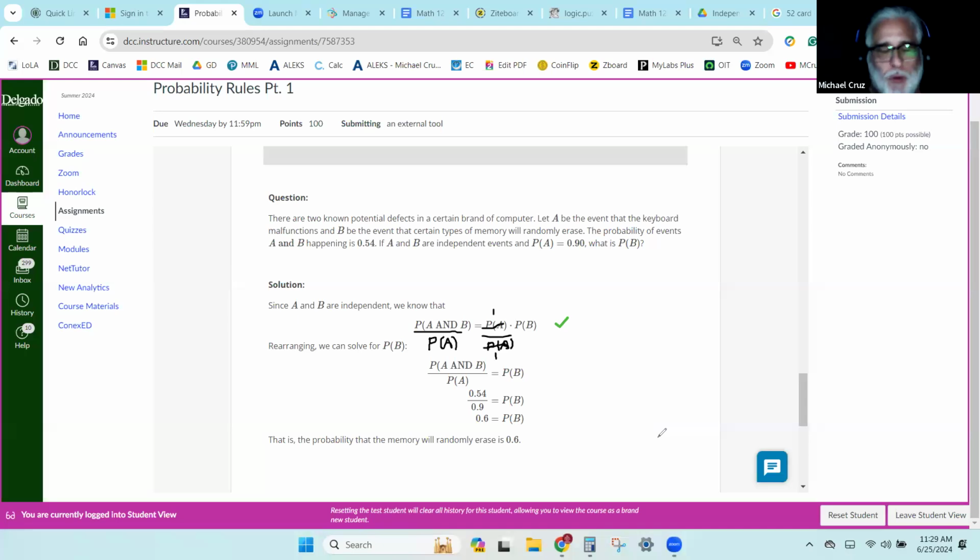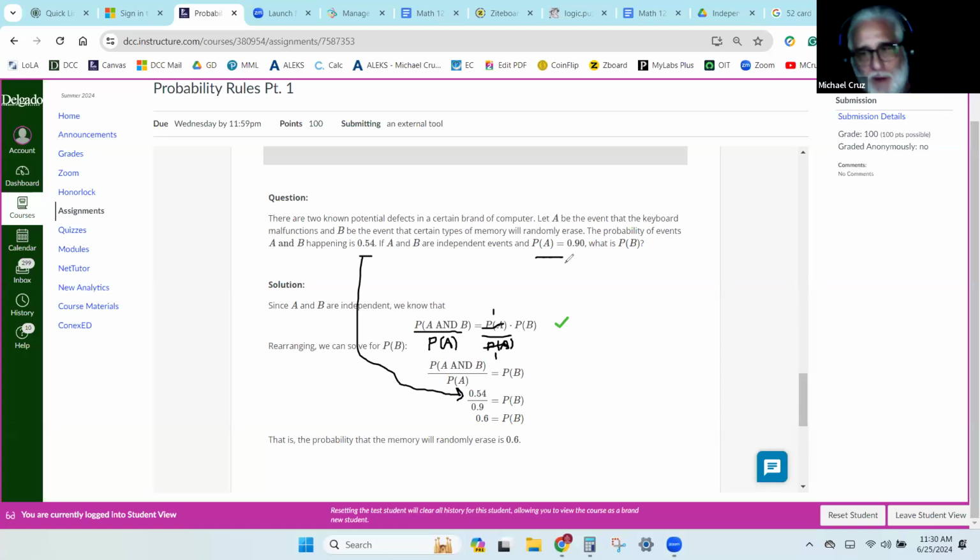So if we have a scenario like this, they tell us that the probability of A and B happening is 0.54. The and is always up at the top. Okay, see that? So that 0.54 goes right there on top. That's the and. And then the probability of A goes down there, and that's 0.9.